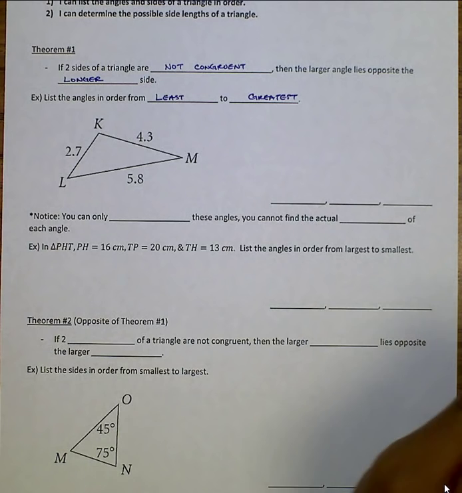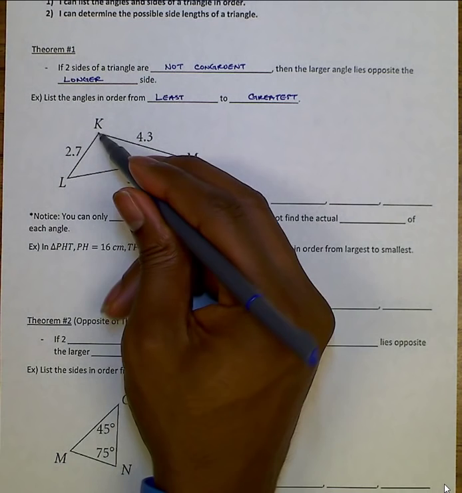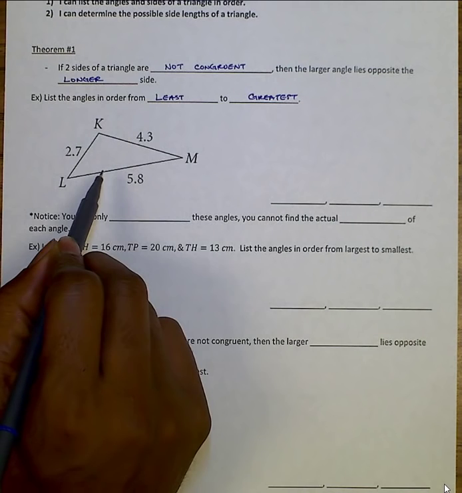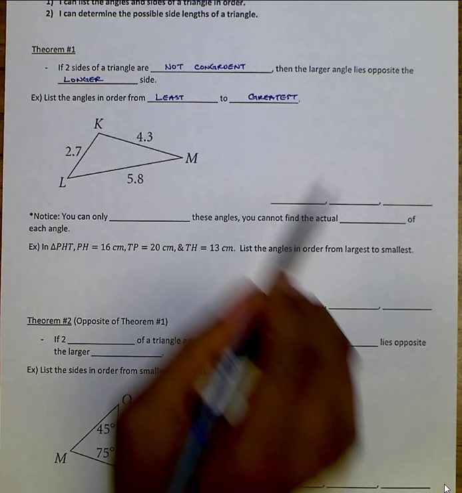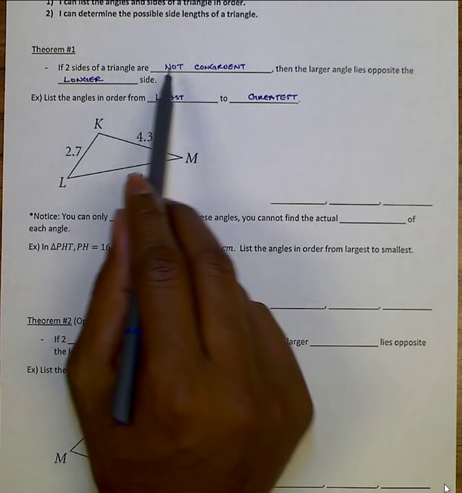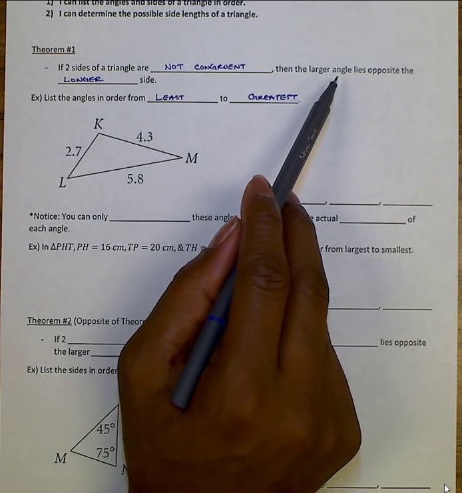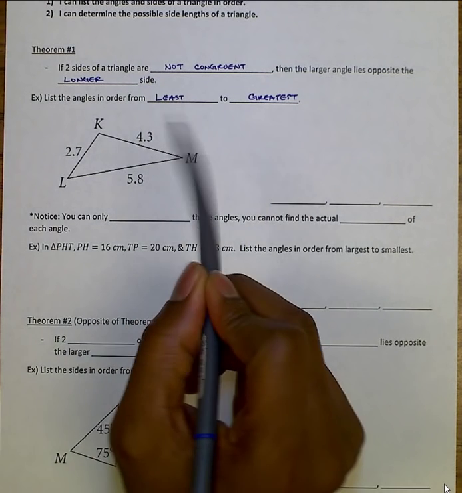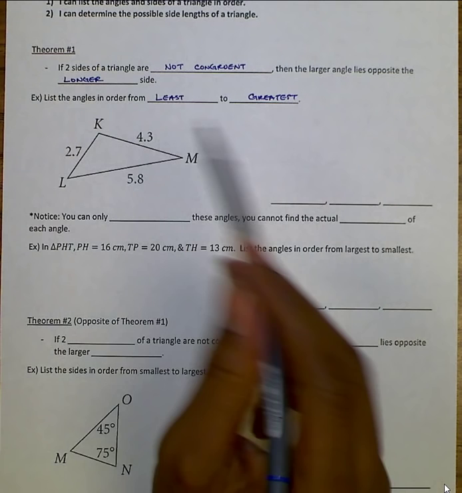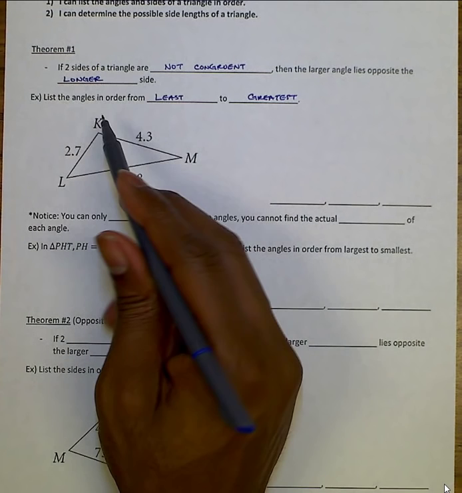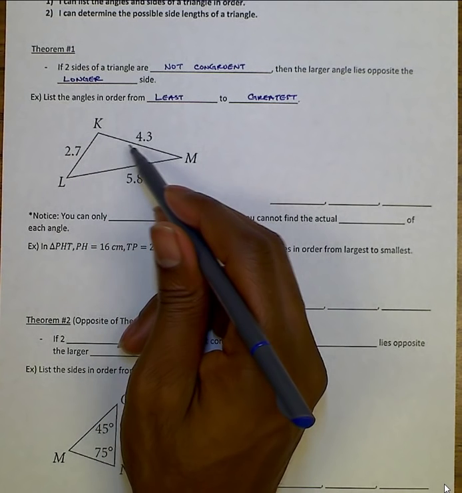Now they gave us the sides, and you see that KL is 2.7, KM is 4.3, and LM is 5.8. Our theorem says that if the sides aren't congruent, which these aren't, then the larger angle lies opposite the longer side. Okay, so the least angle would be across from the shortest side.